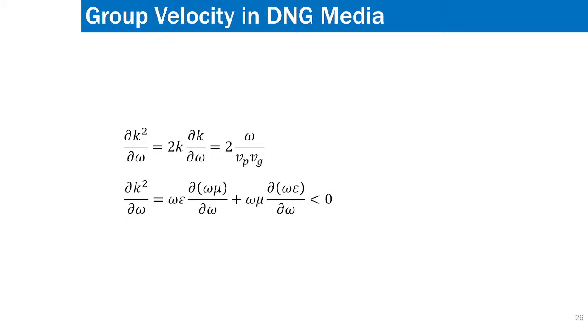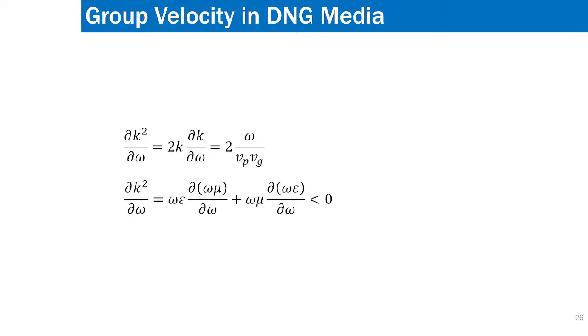Also we know dou k square by dou omega is omega epsilon into dou by dou omega of omega mu plus omega mu into dou by dou omega of omega epsilon. This we get from k square, because k square is omega square mu into epsilon. So by partial derivative, we get this expression.